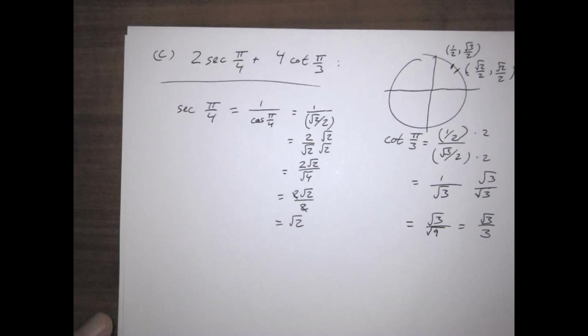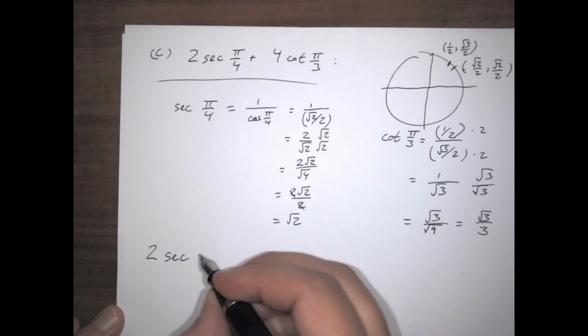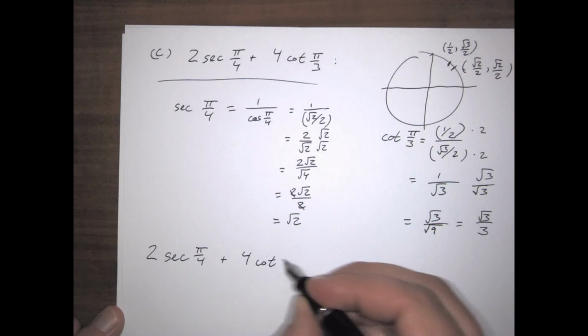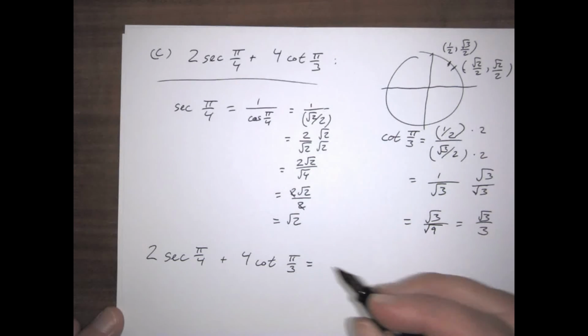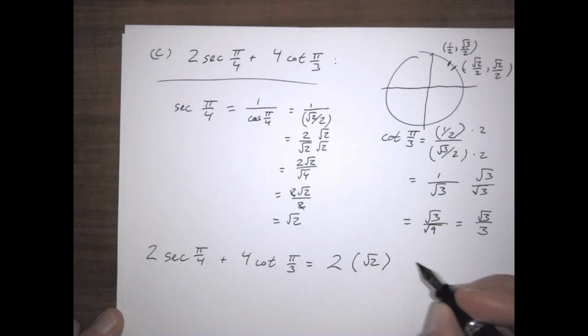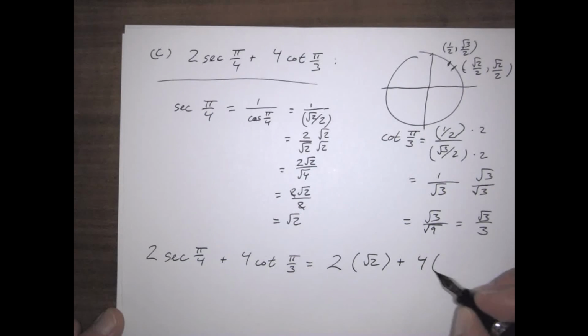Alright, so then, the overall thing that we're looking for, 2 secant pi over 4 plus 4 cotangent pi over 3. That then comes down to saying 2 times the square root of 2 plus 4 times square root of 3 over 3.